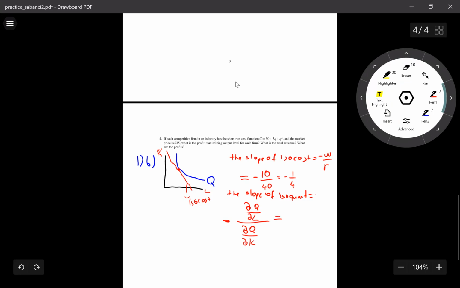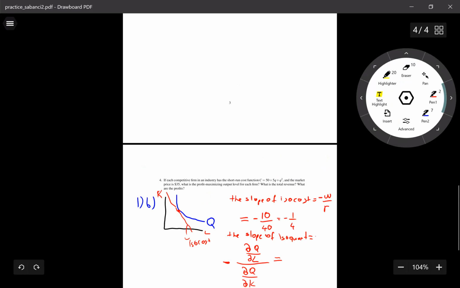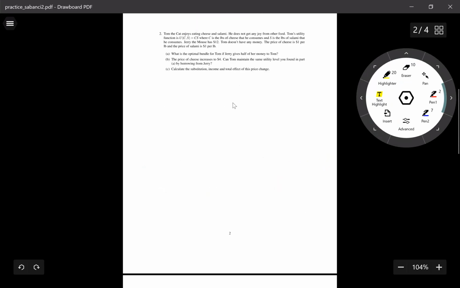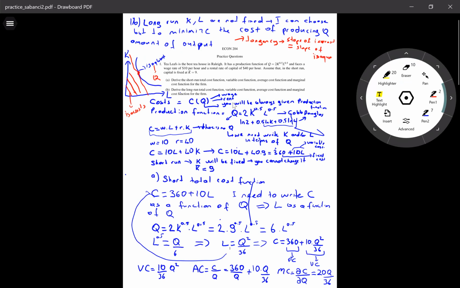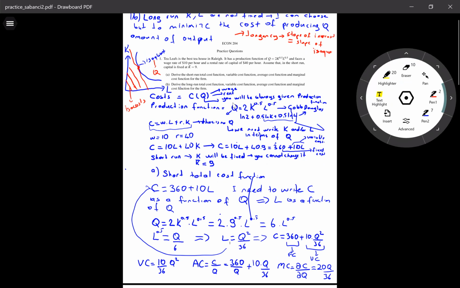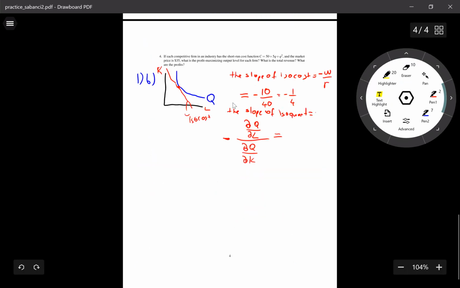What is the production function? It is 2 times K^0.5 L^0.5. Then it will be, with minus sign, 2 times 0.5 times L^-0.5 times K^0.5 over 2 times 0.5 times L^0.5 times K^-0.5.